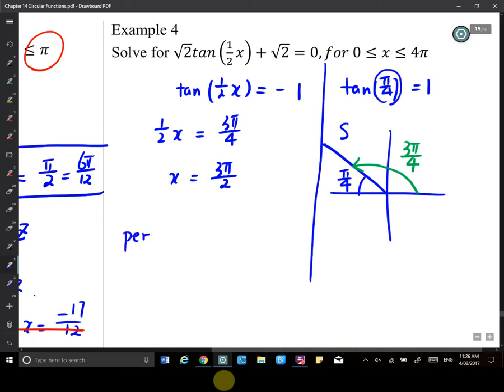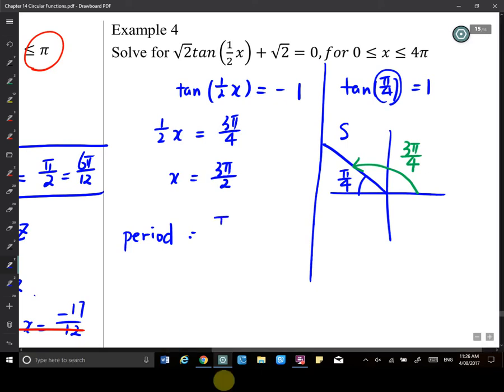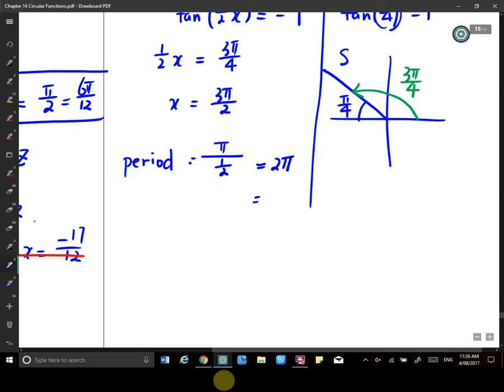Okay, next I think about my period. Period is what? 2 pi, pi divided by a half. If the period is 2 pi, let's make it 4 pi on 2 because I want to have the same denominator as that one.